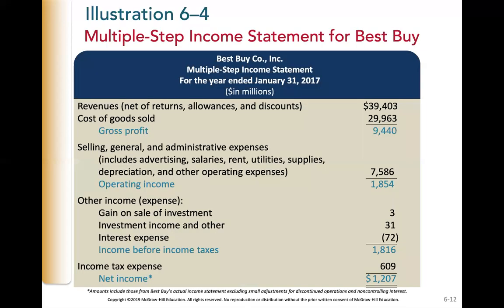Now, this is a multi-step income statement for Best Buy. In the past, we've listed revenues, subtracted expenses, and come up with a net income. Here, you will see that there are different levels of profit. The first thing that we list is revenues. Best Buy lists revenues as one line item, net of returns, allowances, and discounts that we discussed in Chapter 5.